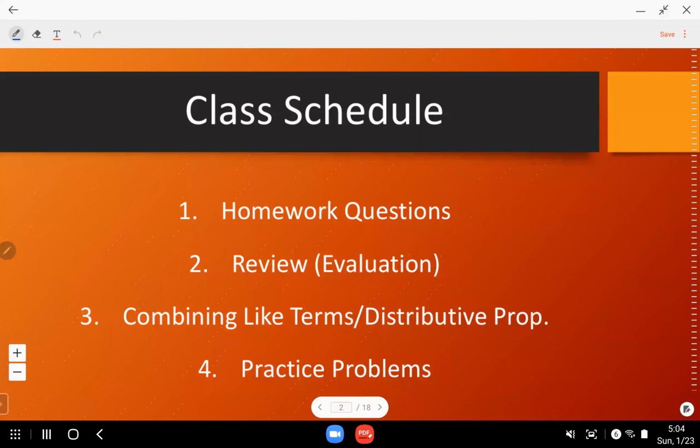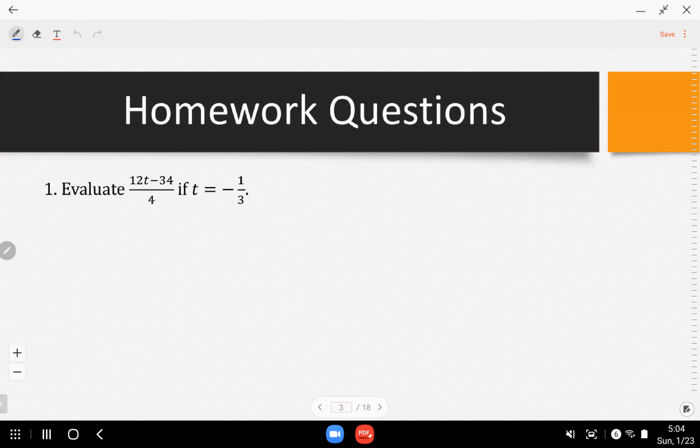Okay, so let me start reviewing with this homework question. We had a lot of people miss this problem, but mostly there were small mistakes, so make sure you check your homework answers again, and make sure you're plugging in the right thing.